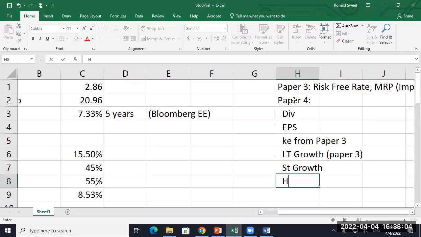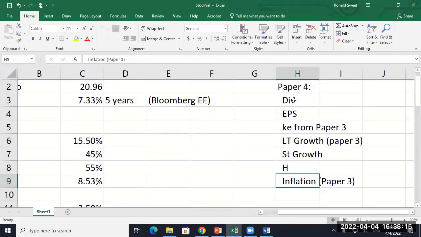You need an H. So that's everything you're going to need. You probably need inflation as well, that you'll get from paper 3. So some of the numbers you're going to use in paper 4, you'll pull from paper 3. But you need your firm's dividend, your firm's earnings per share, a short-term growth rate, an H, which tells you how long that short-term growth rate lasts, and then you need inflation.